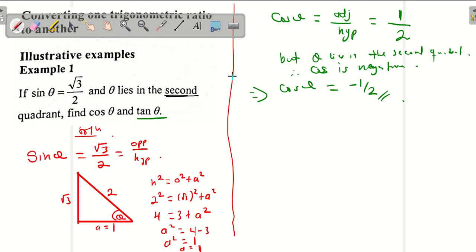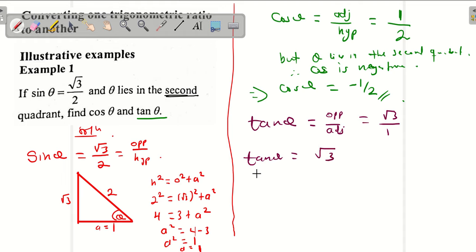Now let's go to tan theta. Tan theta is opposite over adjacent. We know our opposite to be root 3, and our adjacent is 1. So tan theta is equal to root 3. But is tan positive in the second quadrant?